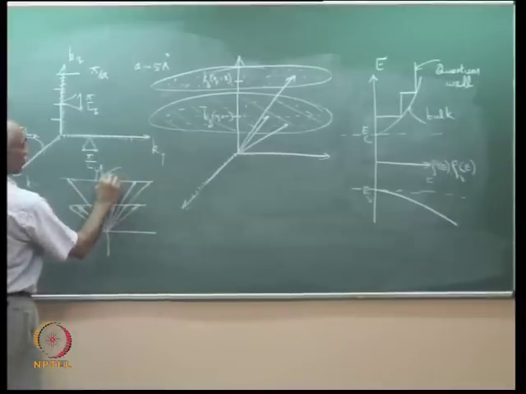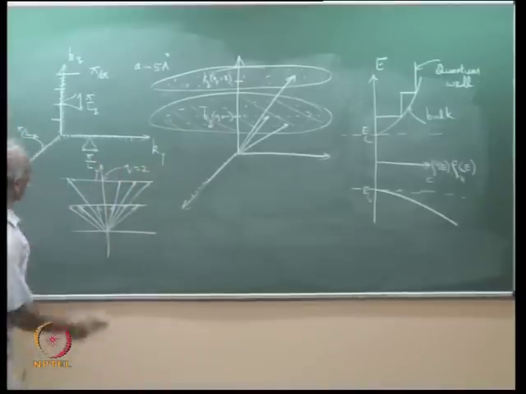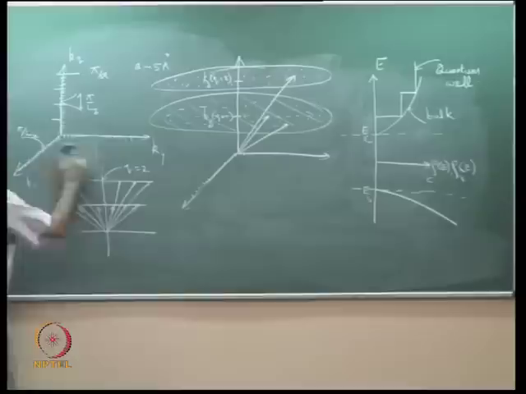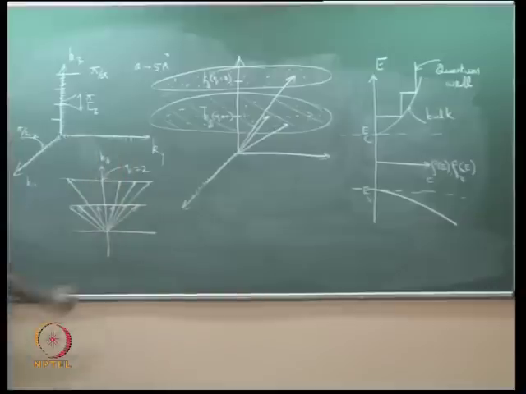So this is for q equal to 2, this is kz. And this is for q equal to 1. k cannot take any value in between.